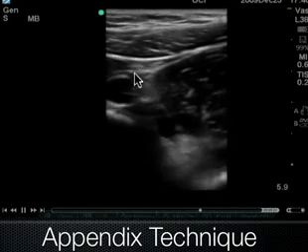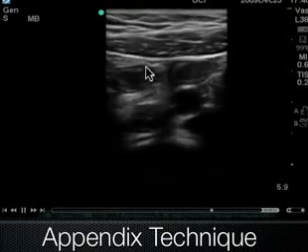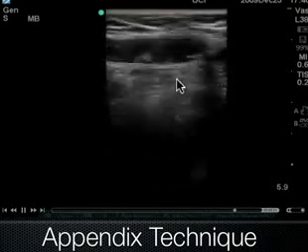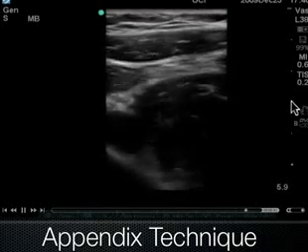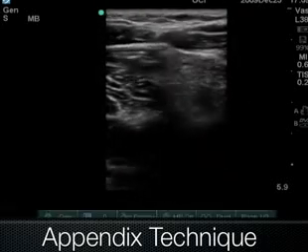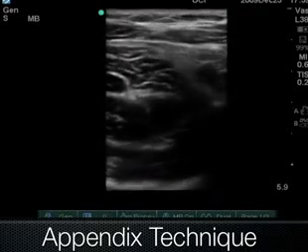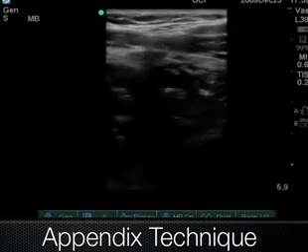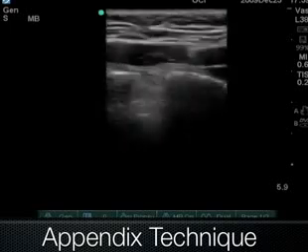Maybe that's the appendix, I'm not sure. But it squirts out of the way. Here's some iliac vessel here. That appendix becomes ovoid and squishes out of the way, and it's nicely peristalsing. So in this case, this is definitely a negative study from what we can see so far. I should say no appendicitis visualized is the way you document it.